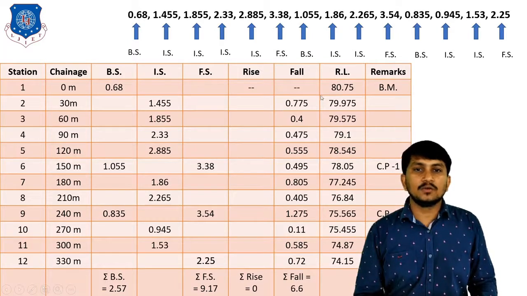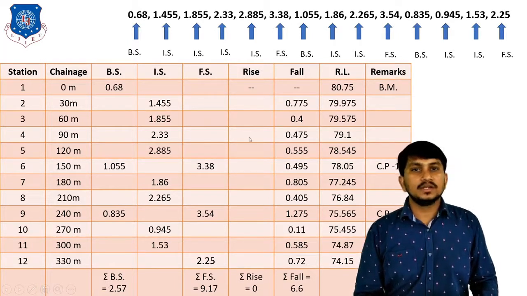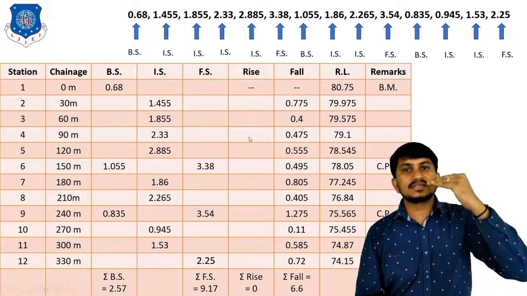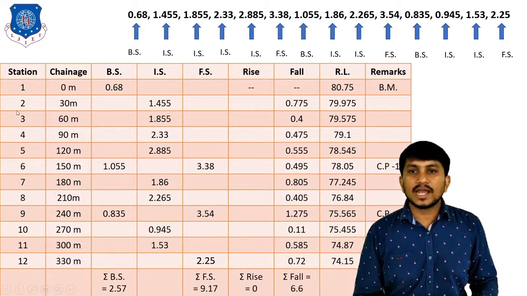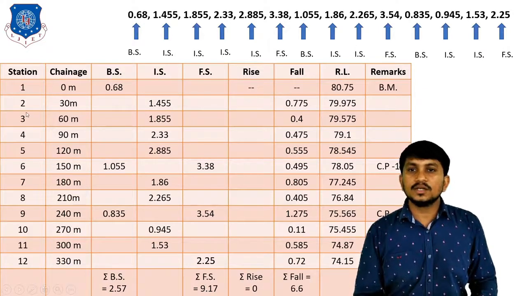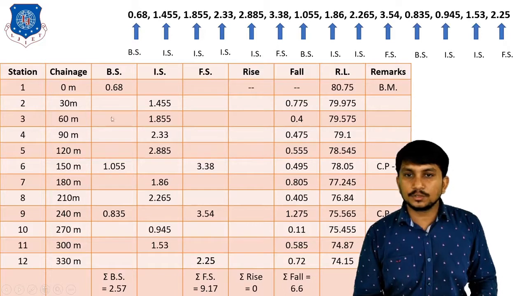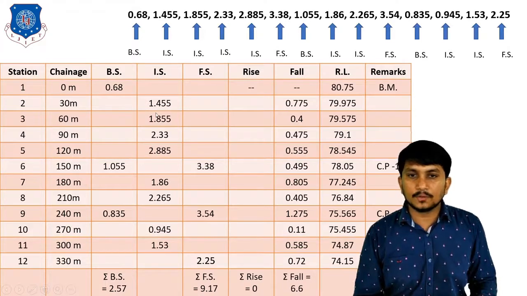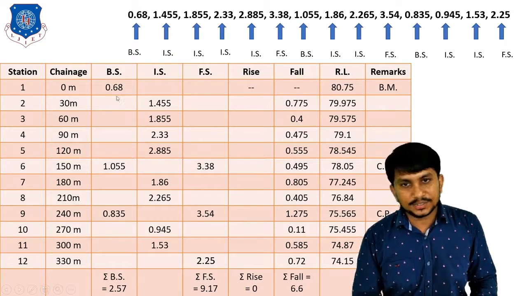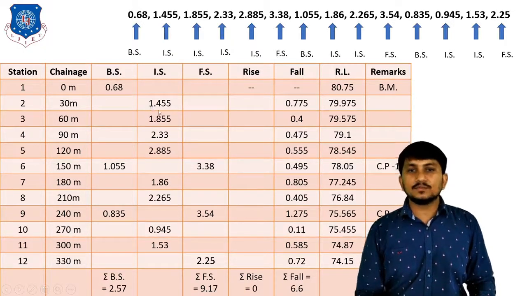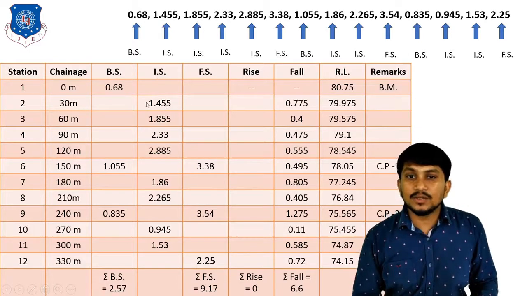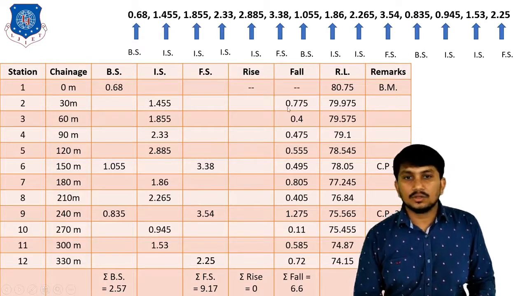To calculate rise or fall, we have to deduct the station's staff reading from the preceding staff reading. So to calculate the rise or fall of station number 2, we deduct the staff reading of station number 2, which is 1.455, from the immediately preceding staff reading, which is 0.68. So 0.68 minus 1.455 gives a negative value, so it is written in the fall column.